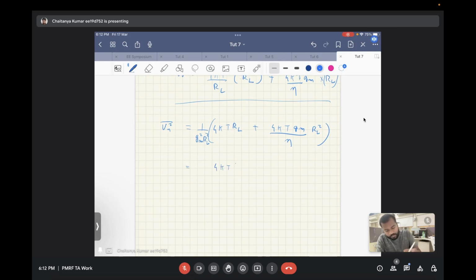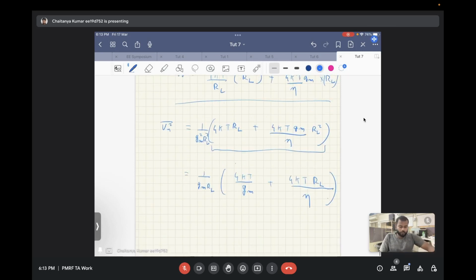So we can take out Gm times RL as a common factor. So what we have is 1 upon GmRL times (4kT by Gm plus 4kT RL upon η).